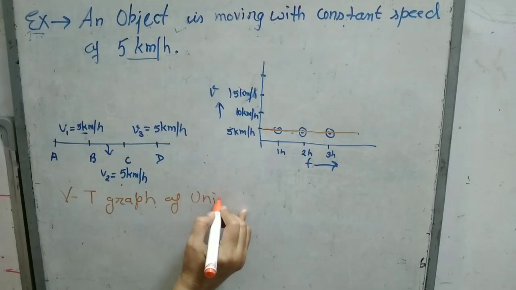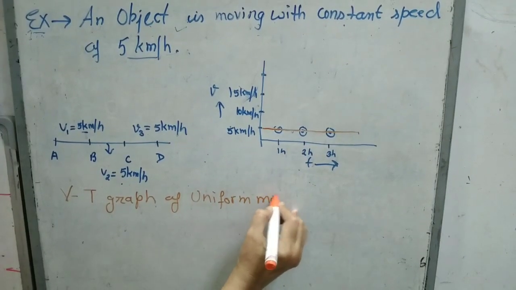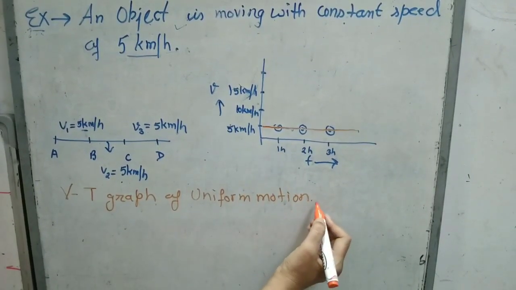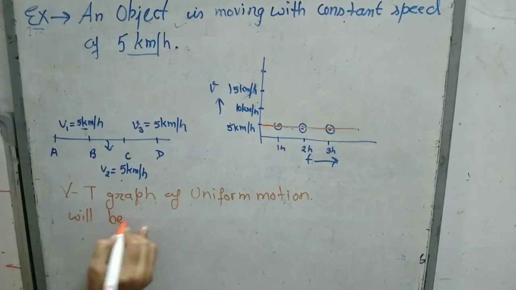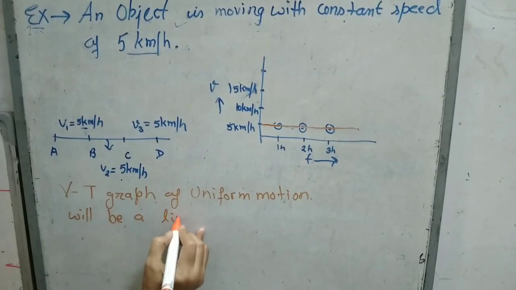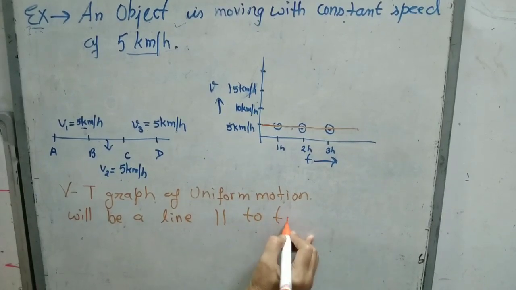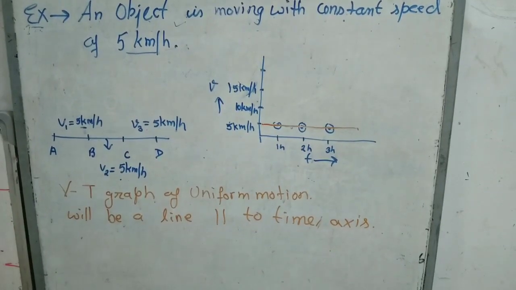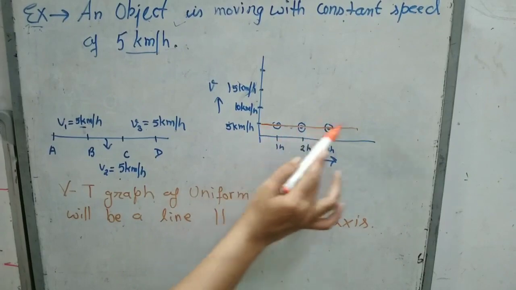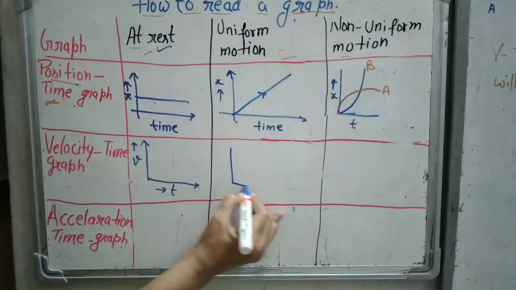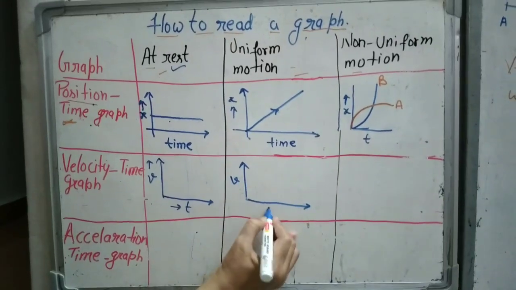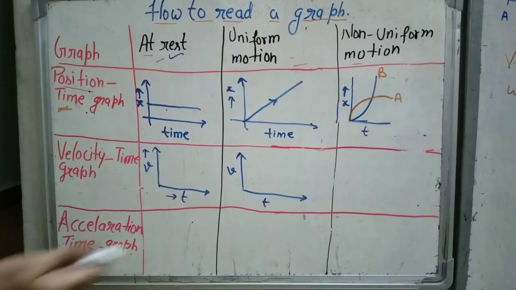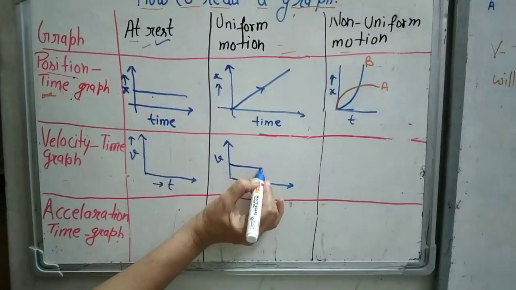Now in the VT graph of uniform motion, the graph will always be a line parallel to the time axis. So this is done. Here I am drawing the graph of velocity time when the object is in uniform motion. So it will be a parallel line.